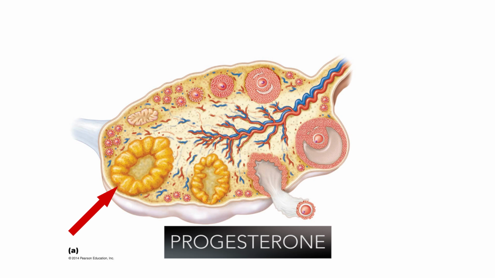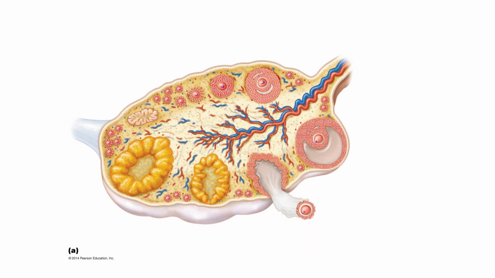And progesterone maintains the uterus. It keeps the uterus very quiet so it won't twitch or expel any of its contents. It does that throughout all 3 trimesters. In addition to the progesterone, another hormone is produced by the placenta.